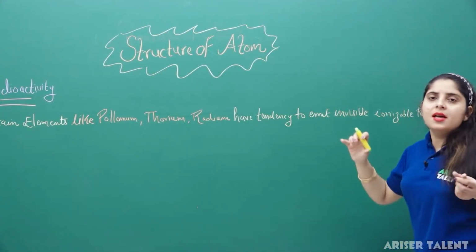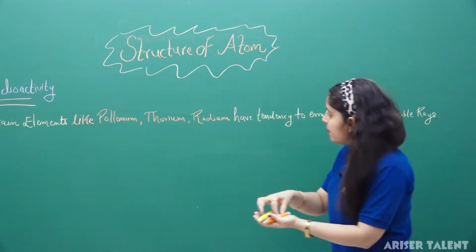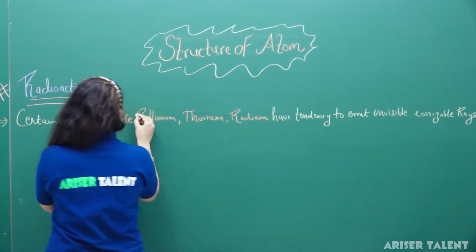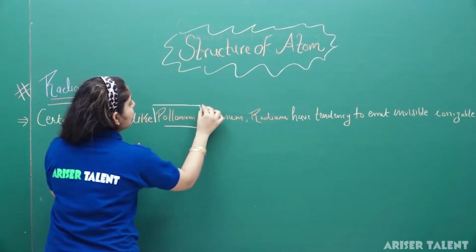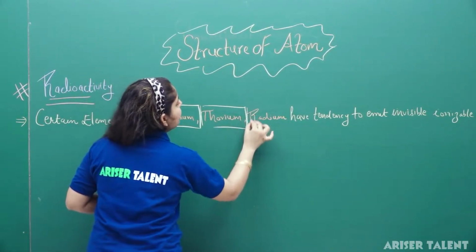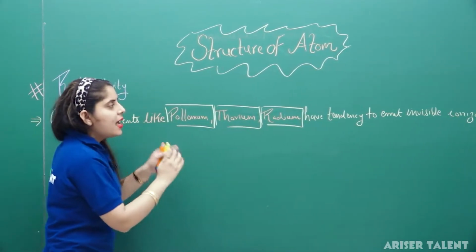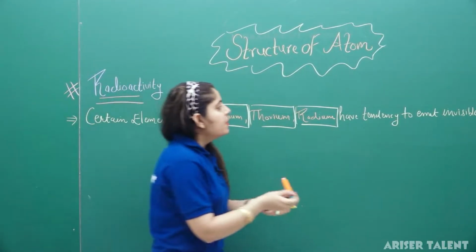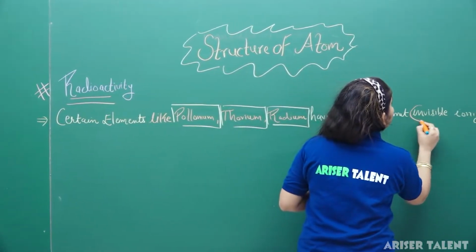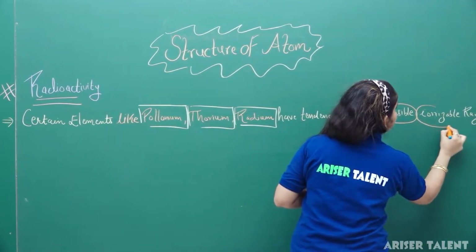It means some of the elements in our periodic table, and actually these elements are polonium, thorium and radium. These have a tendency to emit certain types of invisible ionizable rays.